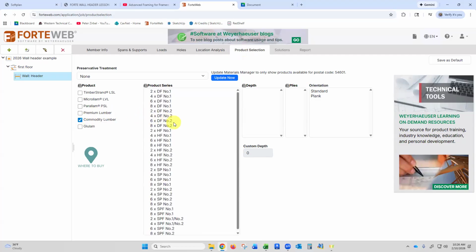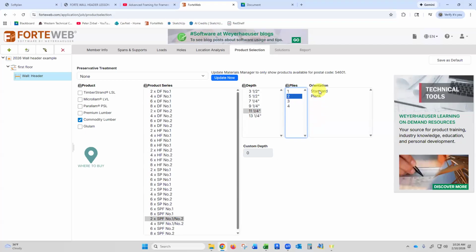And we're going to find 2x spruce pine fir number 1 or 2. So that's right here. And we're going to use a 2x12, which is 11 1/4, because that's what Habitat tells us they want to use. And like I was talking before, even though a 1-ply would work, it's standard to always use 2-ply. So we're going to use a 2-ply.